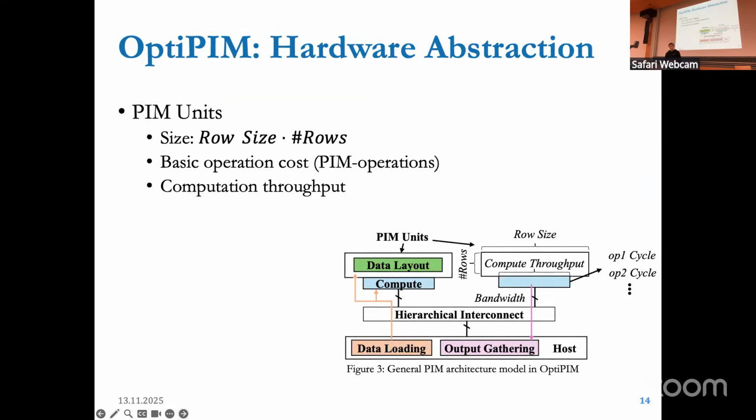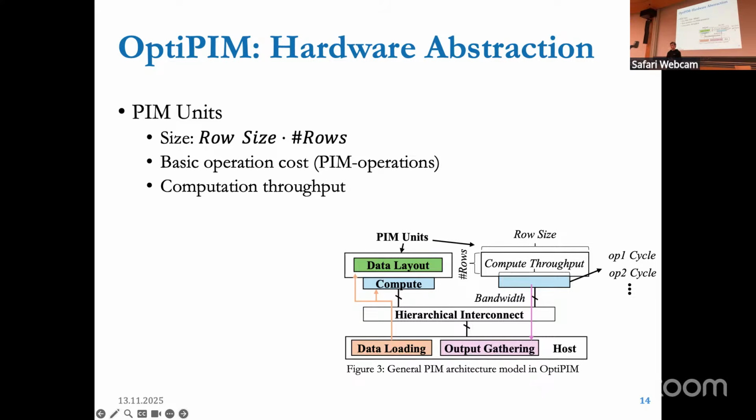For this, the OptiPIM authors use a hardware abstraction, which consists of, on the top level, two parts. The one is the processing in memory units. And every processing in memory unit that you can see here on the left has some specific data layout that is then mapped to it. Every processing memory unit has some size, so a row size and a number of rows it has.